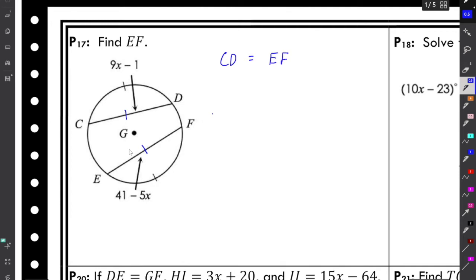So we can set their expressions equal to each other. Add 5x to both sides and add 1 to both sides. You get 14x is equal to 42. Then we divide both sides by 14 to get that x is equal to 3.